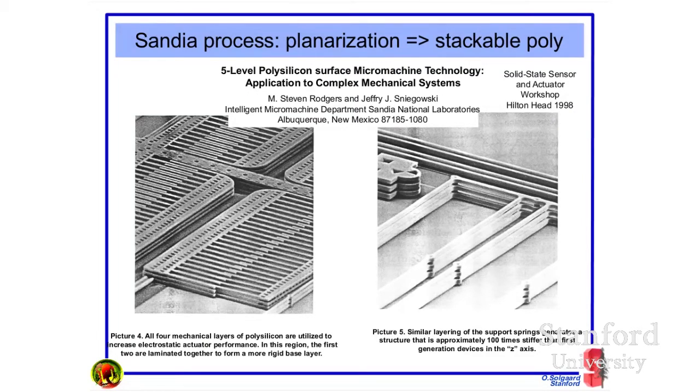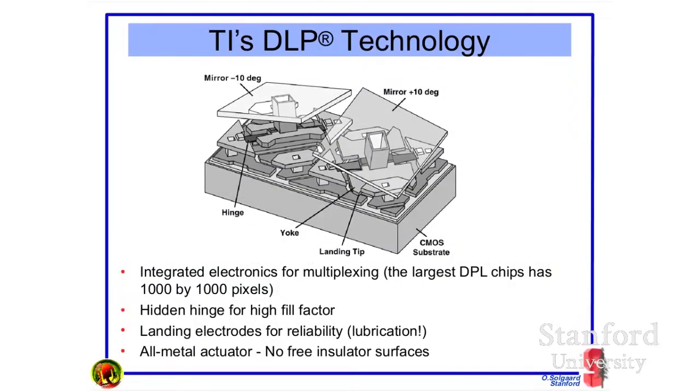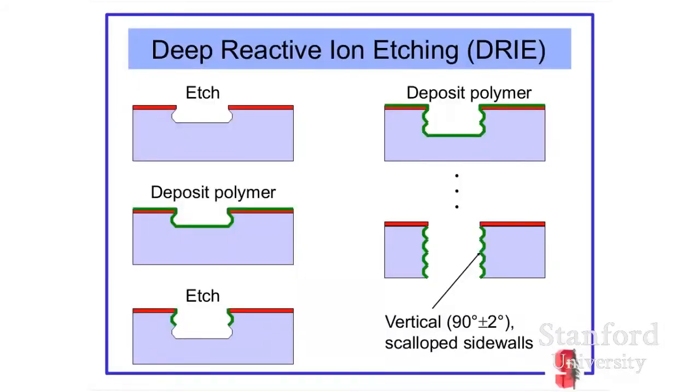So Sandia in particular made a very, very sophisticated surface micromachining process that you can make almost anything in. And then of course surface micromachining is also the underlying technology for that digital light processing technology that I already talked about a little bit.